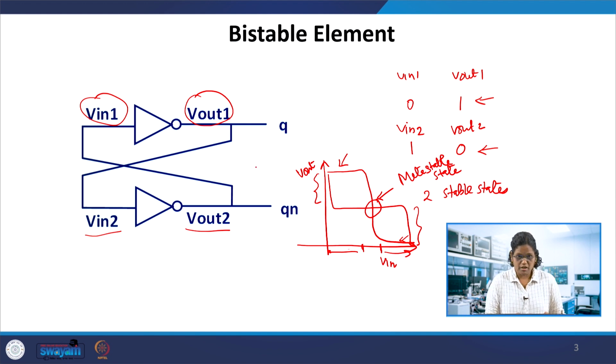This is in terms of analog, not digital, but the logic we take is that a particular voltage is logic 0, and another set of voltage is going to be 1. So logic 0 and logic 1 are defined that way for digital circuits.